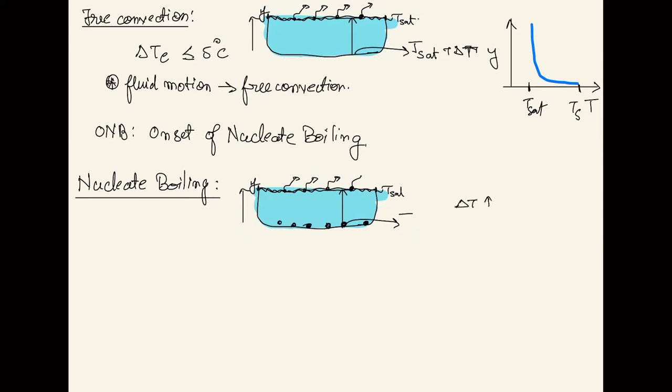As delta T is increasing, the number of these bubbles is also getting increased, right? And then they are getting separated, and then they will be transporting like this, and they will be getting out.